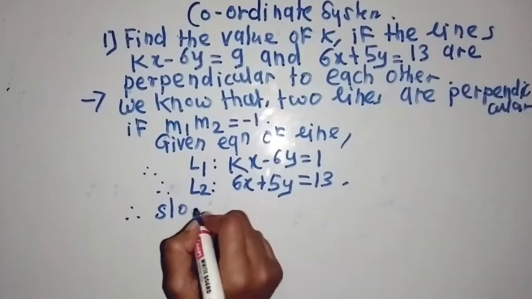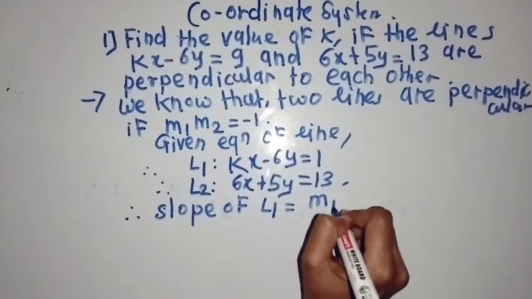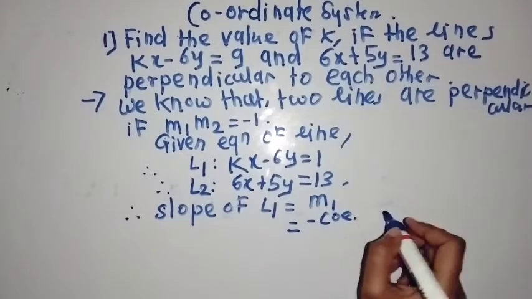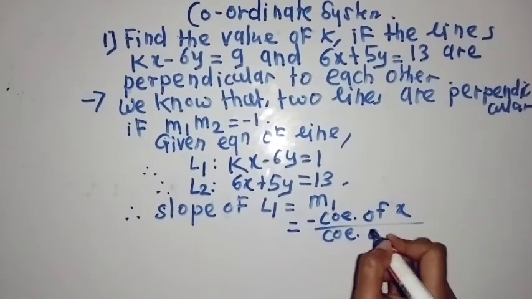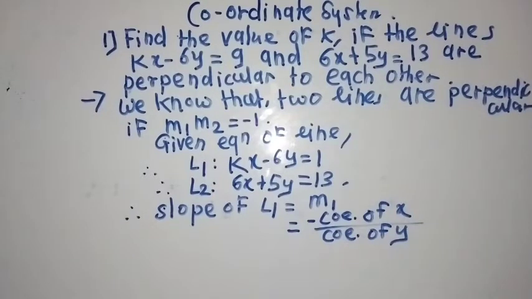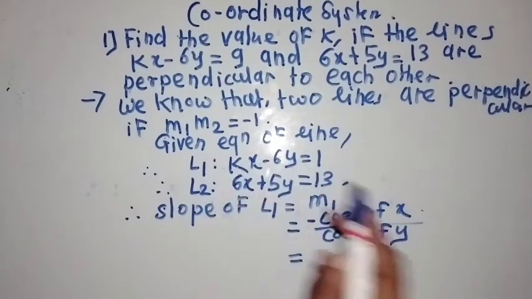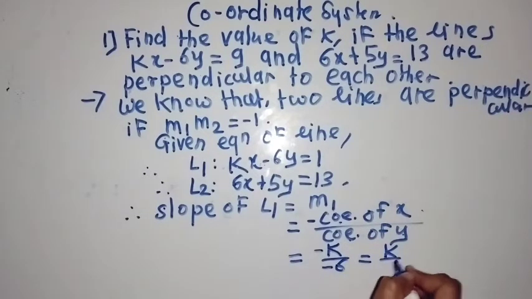Then first we find the slope of L1: m1 is equal to minus coefficient of x upon coefficient of y. The coefficient of x in L1 is k, so minus k upon coefficient of y, which is minus 6. So we get m1 is equal to k upon 6.